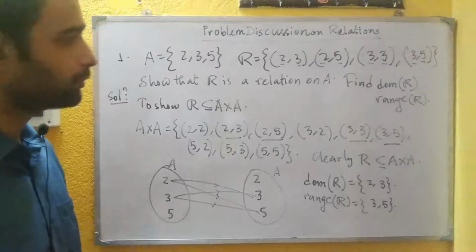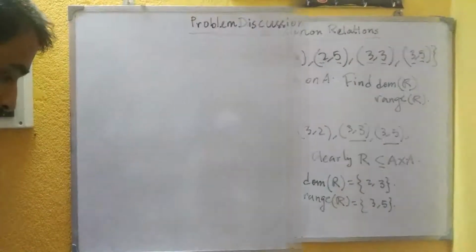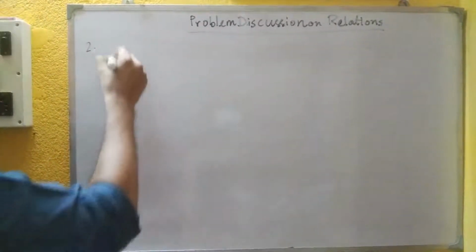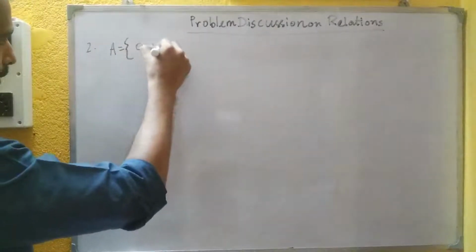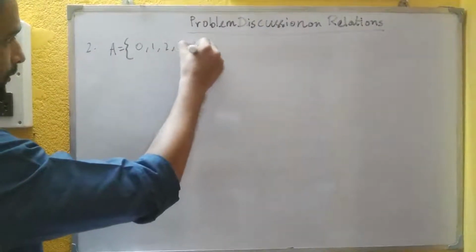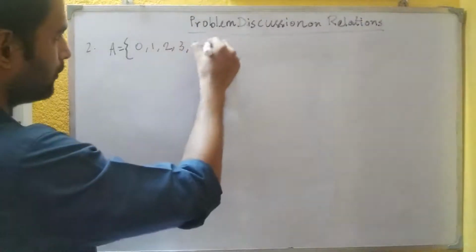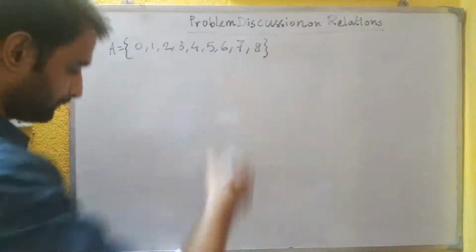So let us move to the next question. A set is given, A equals 0, 1, 2, 3, 4, 5, 6, 7, 8.